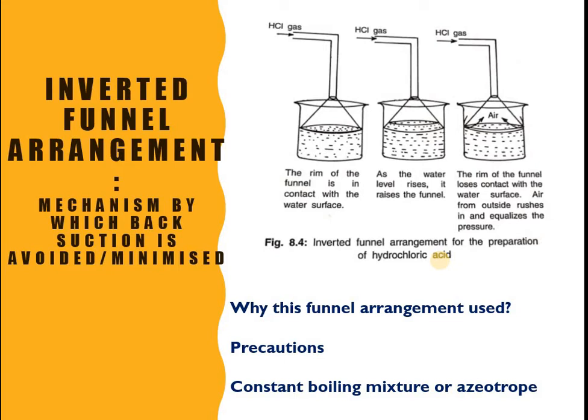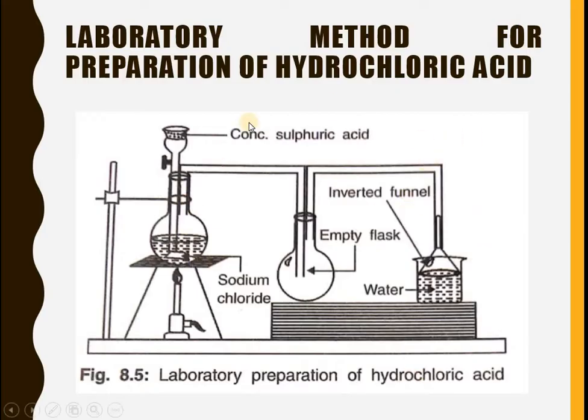Hydrogen chloride gas is sufficiently soluble in water, so it is absorbed in water more quickly than it is being generated in the flask. Here the whole setup is shown. If you have to show hydrogen chloride gas formation, then you have to show up to this, and you have to add it with a gas jar. And if you have to show the hydrochloric acid formation, then you have to do this setup.